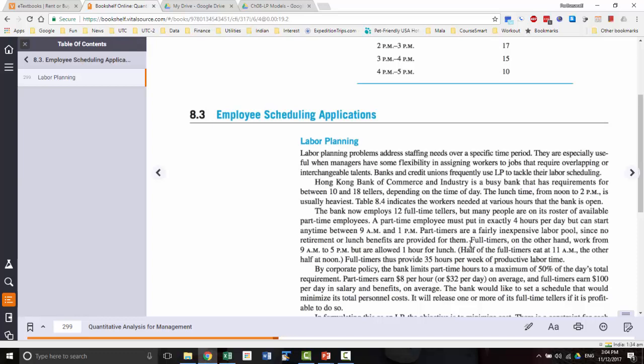In addition, full-time workers work 9 to 5, but they take 1 hour for lunch. Half of the full timers eat lunch at 11 a.m. and the other half at noon. Now with this, we should be able to set up a plan, but there are some more requirements.